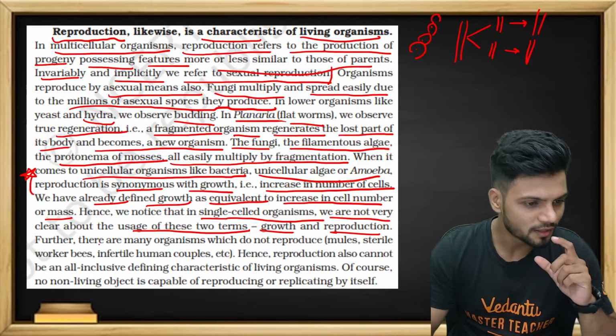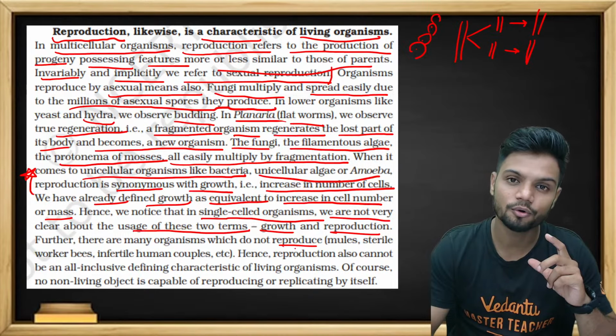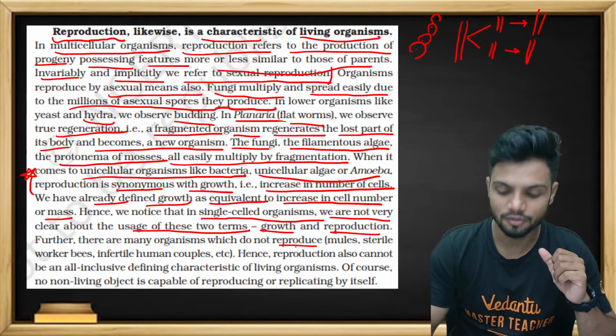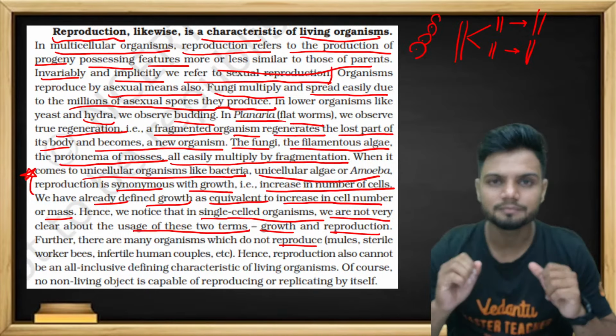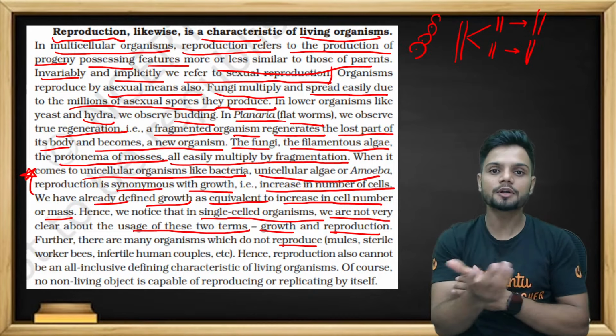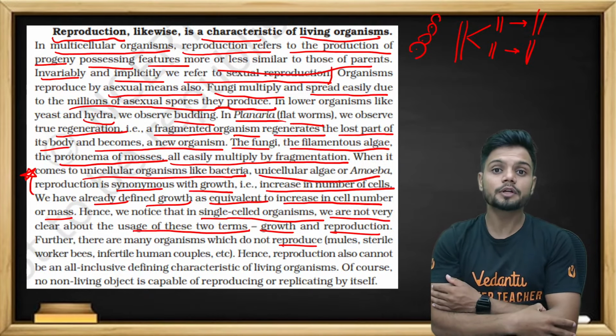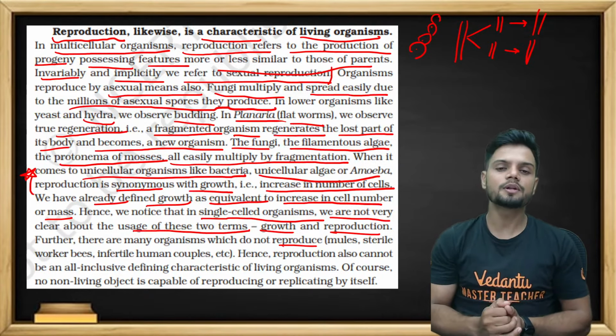Now there are many organisms which do not reproduce. Exception. For example, an infertile couple will never reproduce. What about mules? Mules also don't reproduce. What about drone bees? They also do not reproduce.